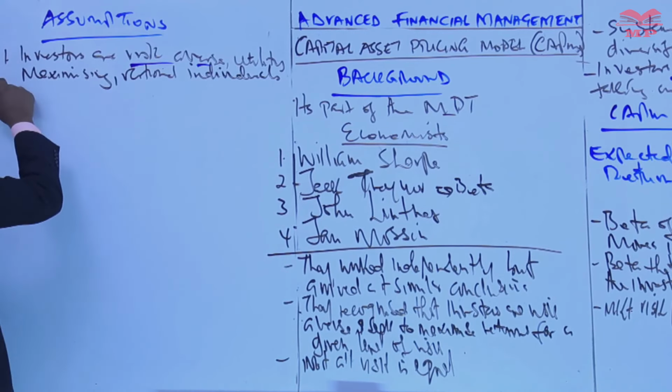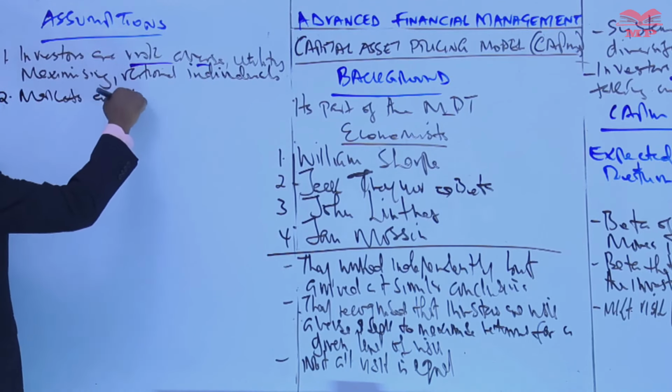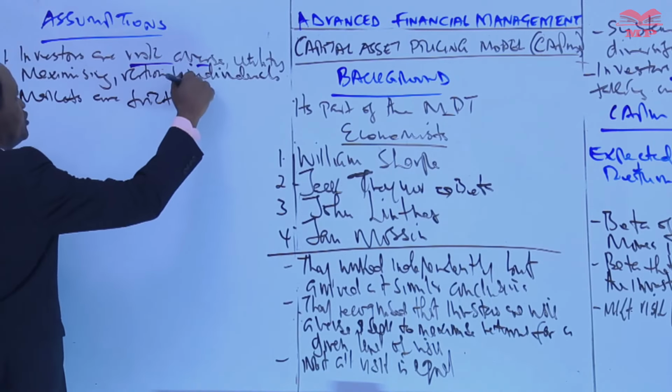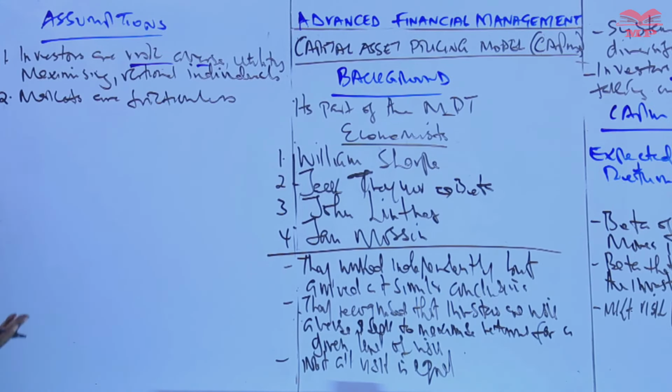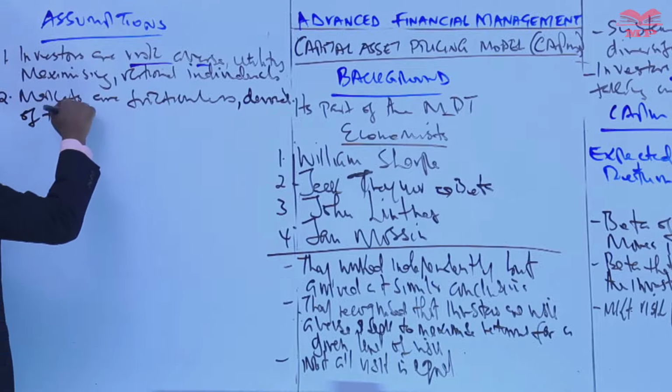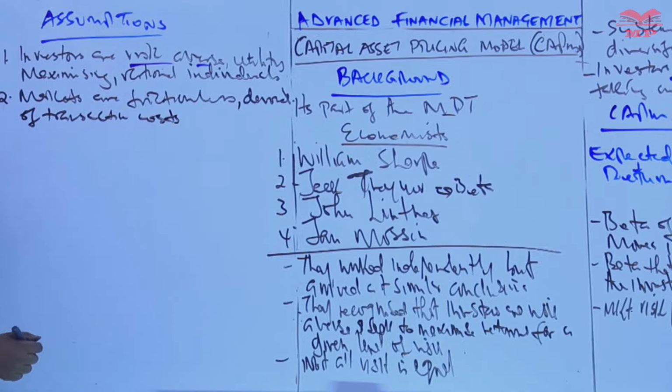There is also this assumption that markets are frictionless. Markets are frictionless, devoid of transaction costs, and even taxes, no taxes.